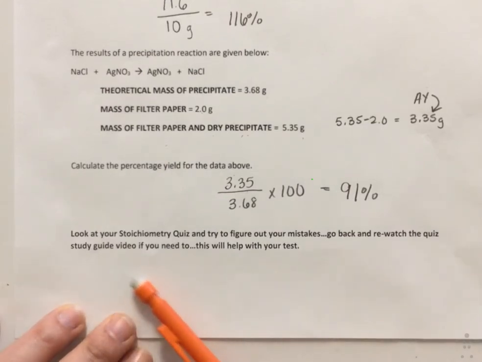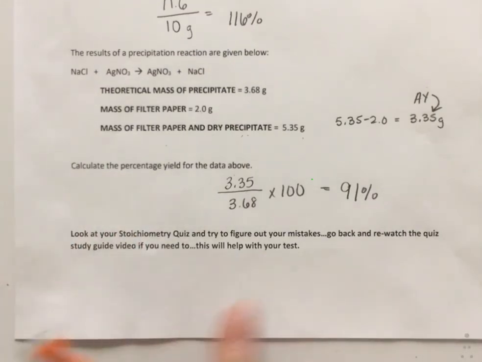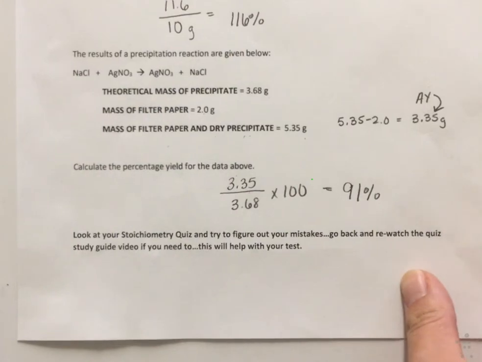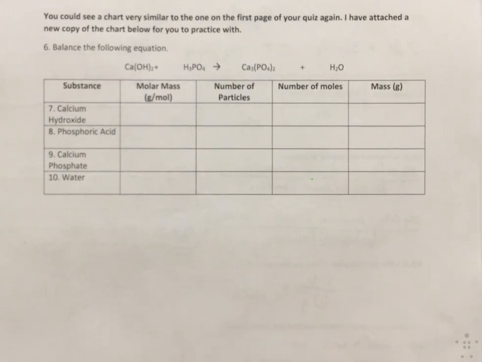And hopefully you guys, if you haven't already gotten your stoichiometry quiz back at this point, make sure and ask your sub to try to find yours and hand it back so that you can use it to study for the test, because this chart that went terribly on your quiz, you could see something like it again.